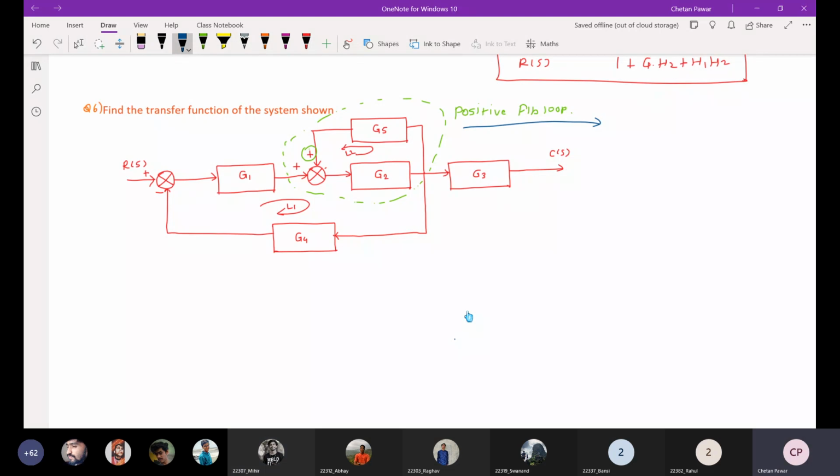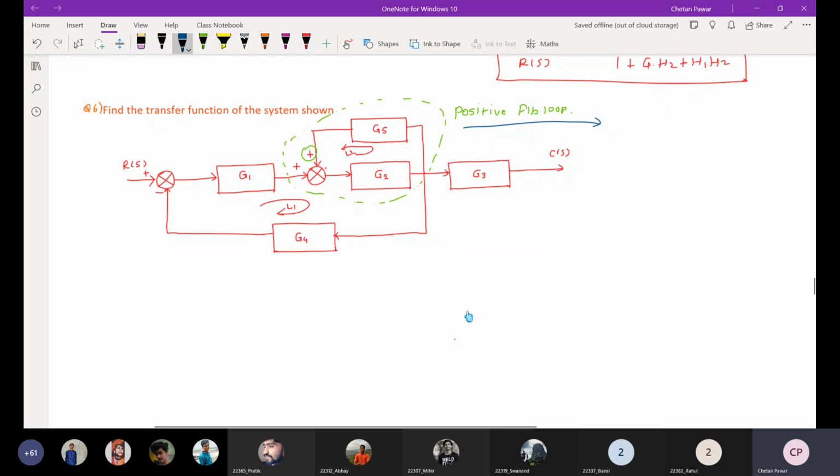Anyone? First, what gain is there in the numerator? G5? No. G2 upon 1 minus G2, G5. Right. If we consider this particular block, the forward path is G2, where the signal is propagating to the output side, on the right side.